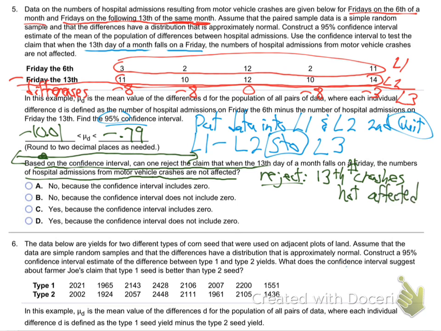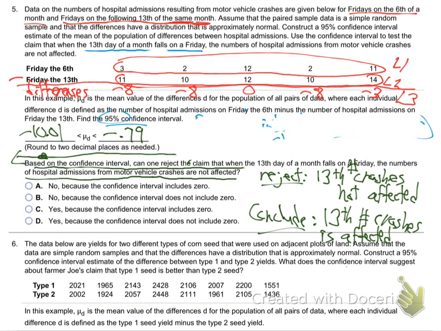They want me to reject that. Can I? No, they want me to conclude that on the 13th, the number of crashes is affected. That it makes a difference on the 13th. That's what they want me to conclude. Can I, from this confidence interval? And the answer is yes.